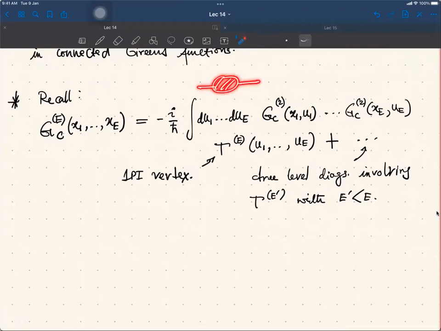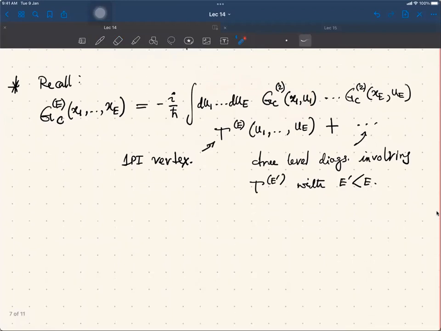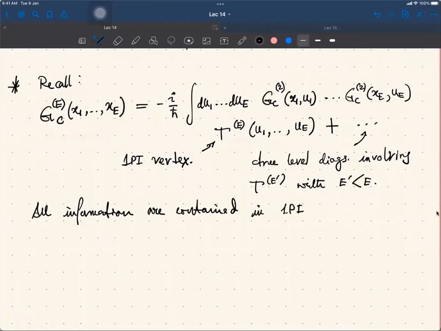So the entire connected Green's function is given in terms of 1PI vertices, either Gamma^2, which are sitting inside this, and higher Gammas which come as vertices. So all information is contained in 1PI vertices.